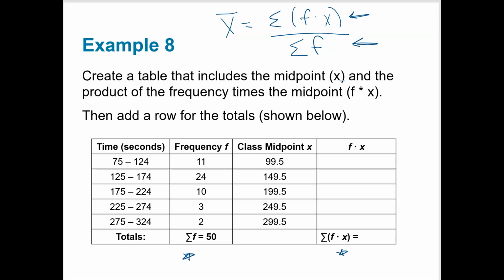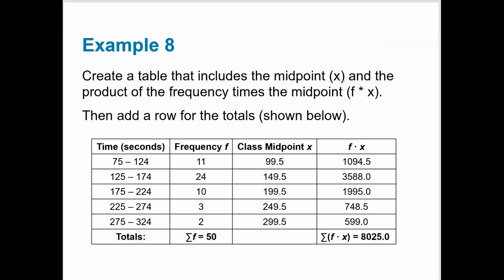So I can find the sum of all the frequencies, that's 50. That one I can do just by adding up that column there. But to calculate f times x, what I need to do is just multiply those two. So I get like 1094.5, multiply these two, and I go across, and then I'm going to add them up. I get that there.